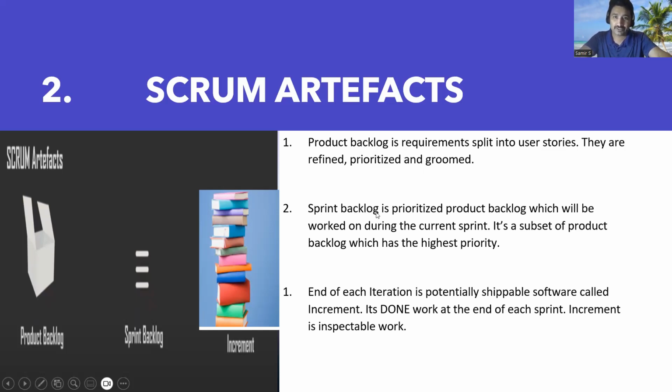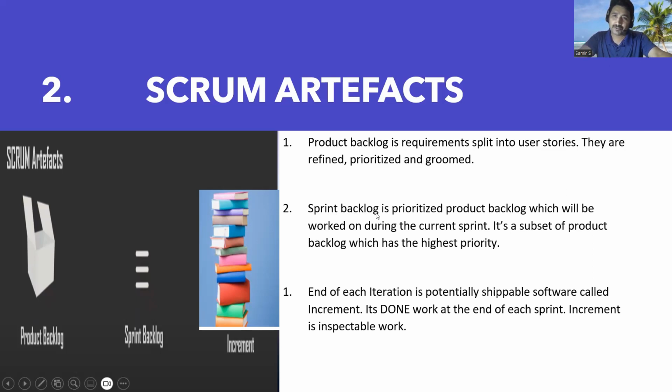Okay. Second one is the sprint backlog. Sprint backlog is the prioritized product backlog which will be worked on during the current sprint. So sprint backlog is also a part of product backlog, but it is the most prioritized part, which will be worked on in the current sprint. Let's say we have a sprint starting tomorrow. Then the stories taken for that particular sprint are called the sprint backlog.